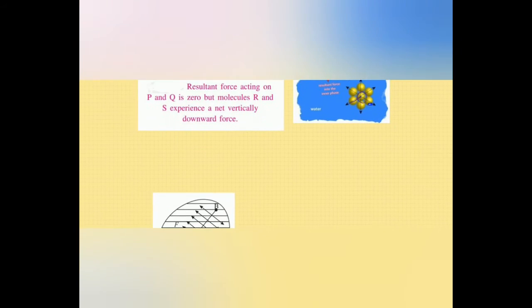Now we will see what is meant by surface tension. How can you measure surface tension? See here, this is the free surface of a liquid, and you know that the free surface of the liquid acts like a stretched membrane.